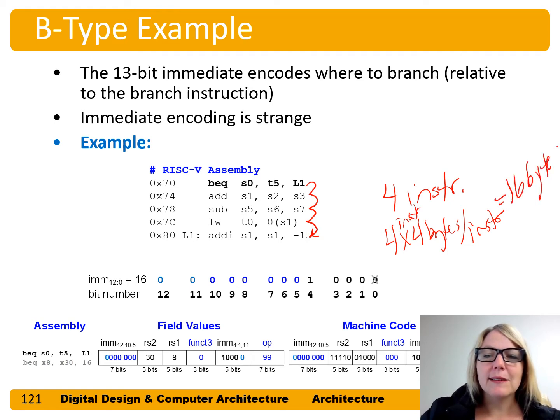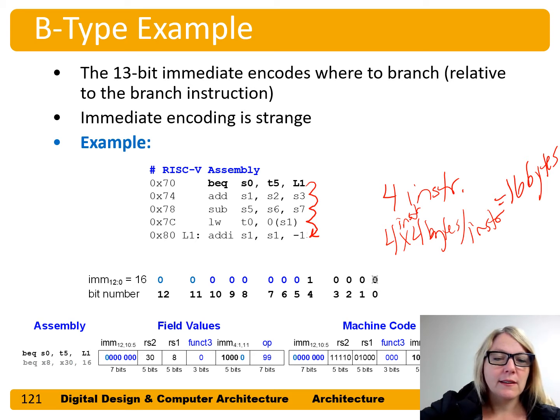We want to branch 16 bytes past the branch equal instruction. So our 13-bit immediate is going to be the number 16. Here is the 13-bit representation of 16: all zeros, and then a 1, 0, 0, 0, 0.